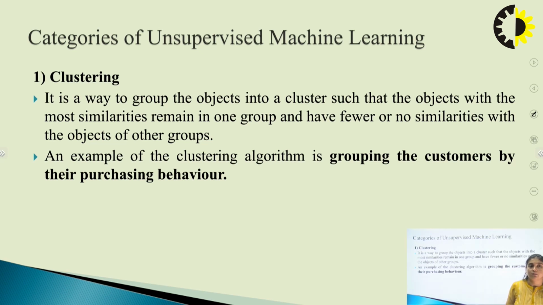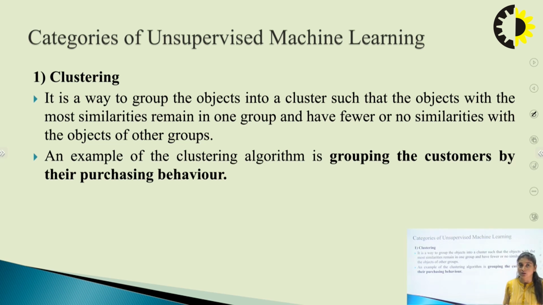Then there can be many examples. One example of a clustering algorithm is grouping customers on their purchasing behaviors. If the purchasing habits of some customers are the same, then you can group those customers in one cluster.